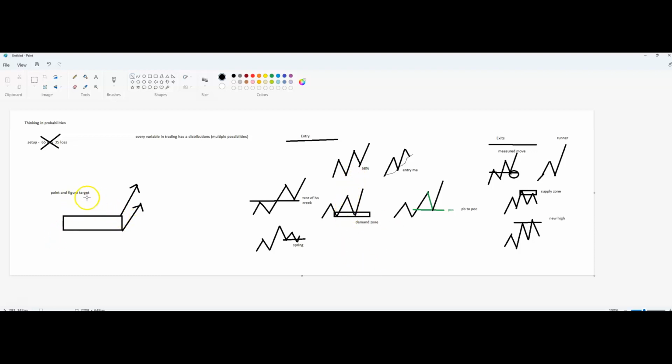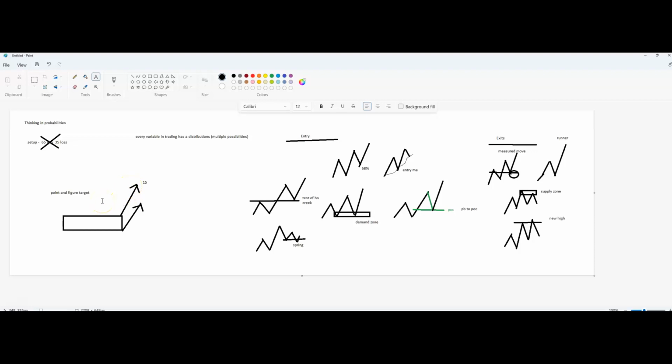There is no such thing as saying, okay, the count here from this $10 area is 5, so it's going to go to $15. How do you know? It may go to 13, base out, and then go to 20. You don't really know.